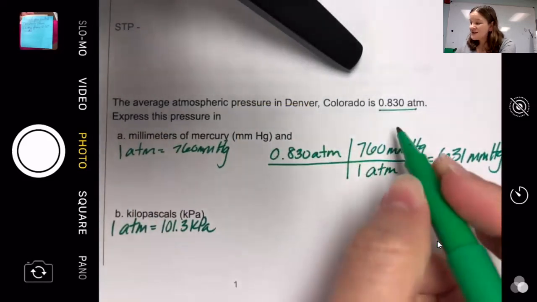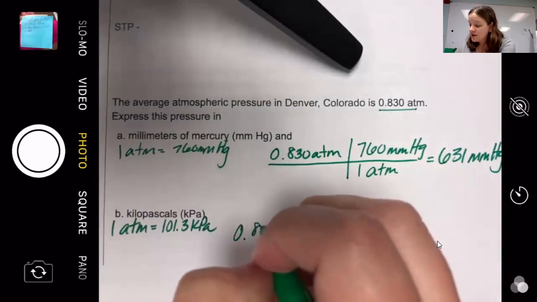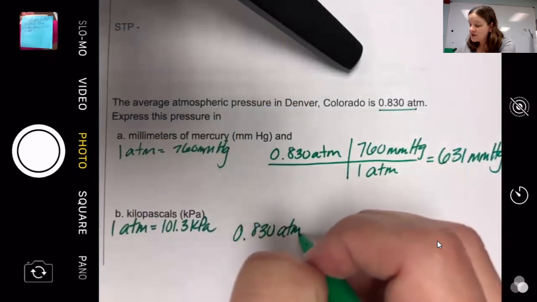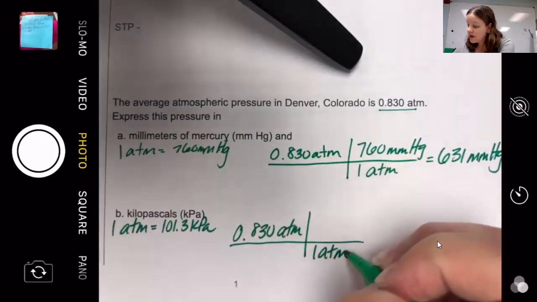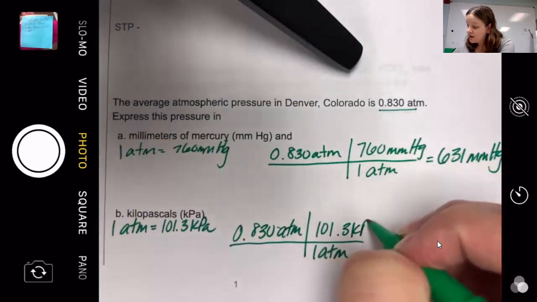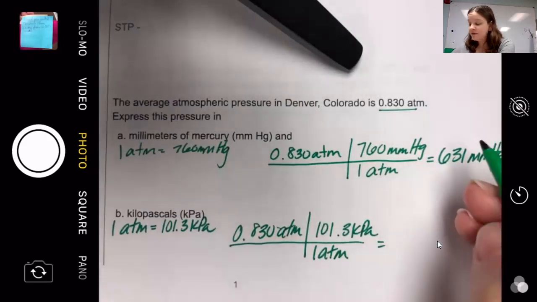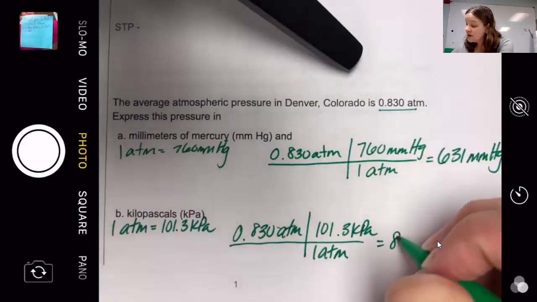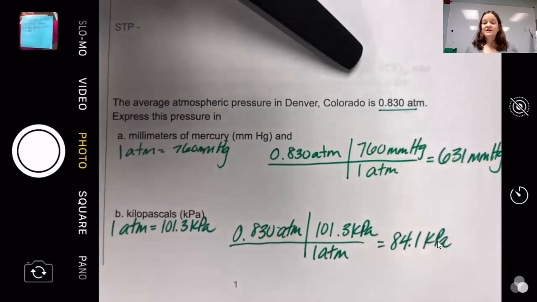So again, I'm going to do the same thing, except going to kPa. 0.830 atmospheres, with 1 atmosphere on the bottom to get rid of it, is 101.3 kPa. If I do that math in my calculator, I'm going to find that it is 84.1 kPa, kilopascals.